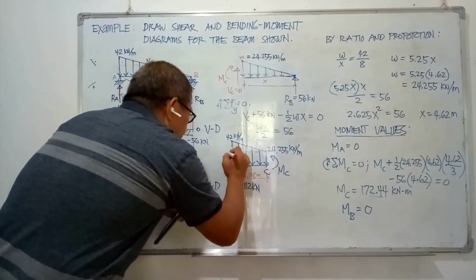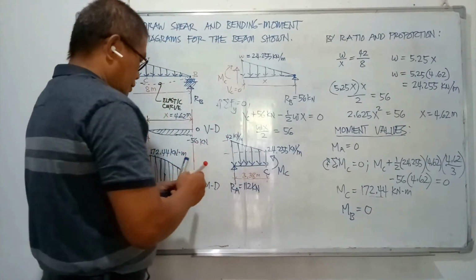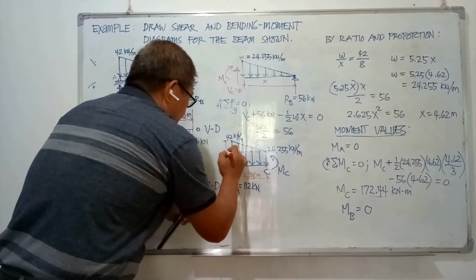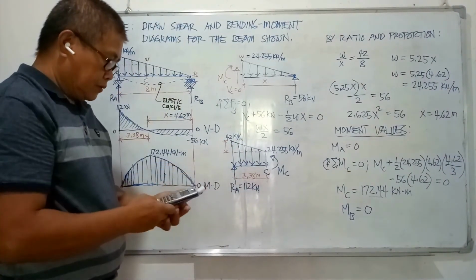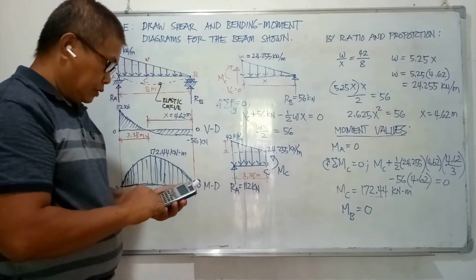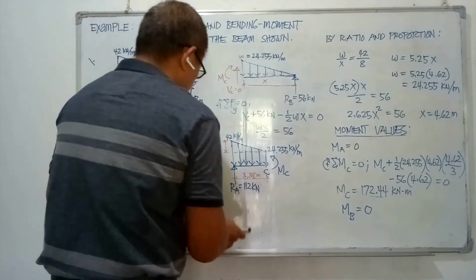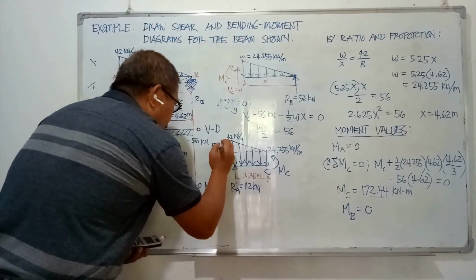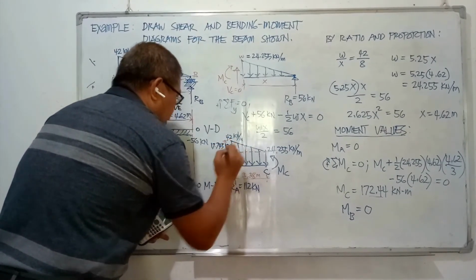And the magnitude here is the difference of 42 and 24.255. Forty-two minus 24.255 is 17.745 kilonewtons per meter.